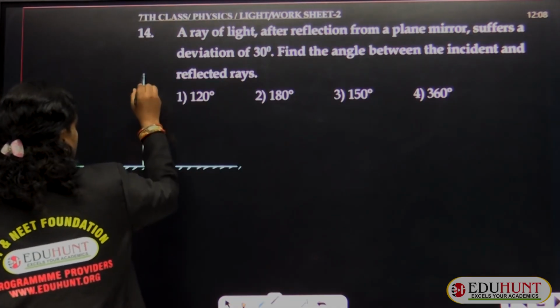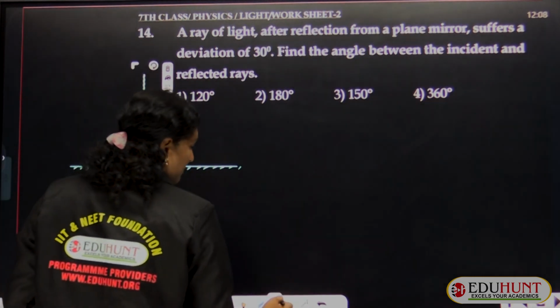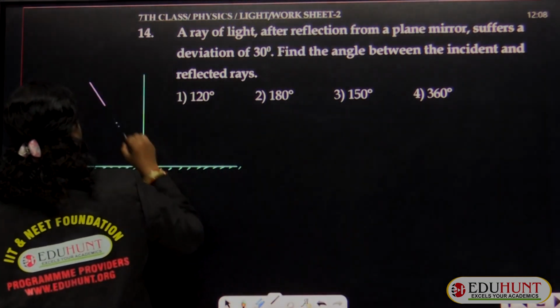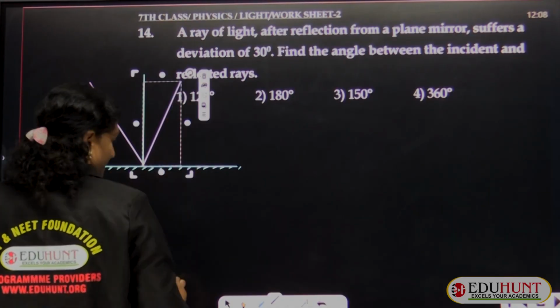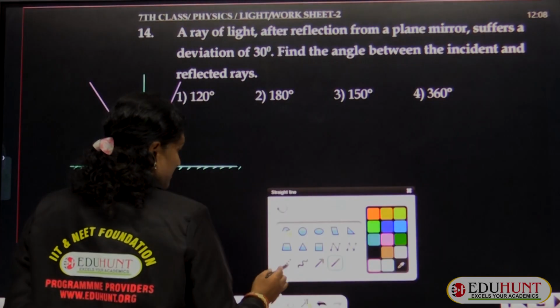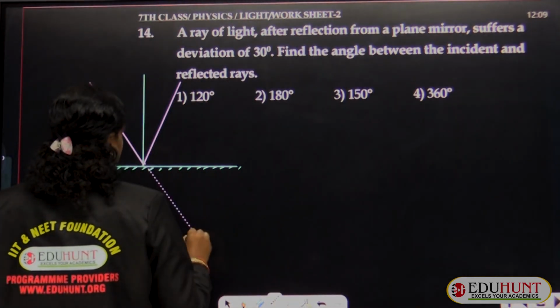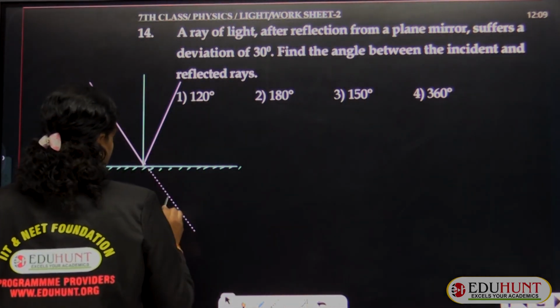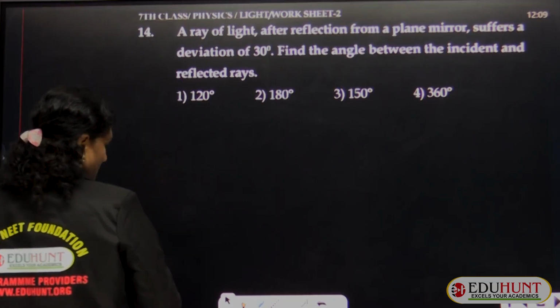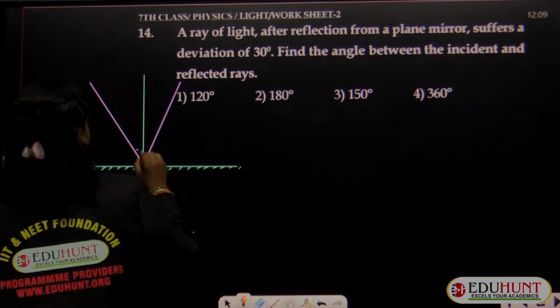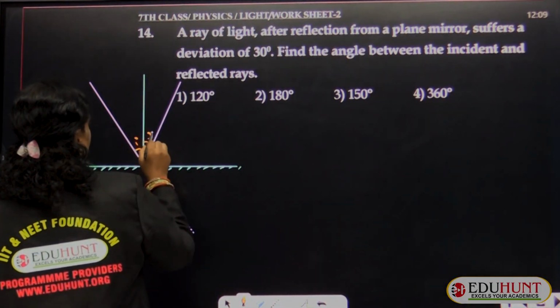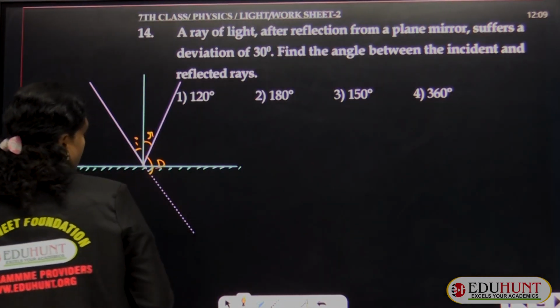A normal is drawn, and we have an incident ray and also a reflected ray. So, what is given? This is i, this is r and this is D.